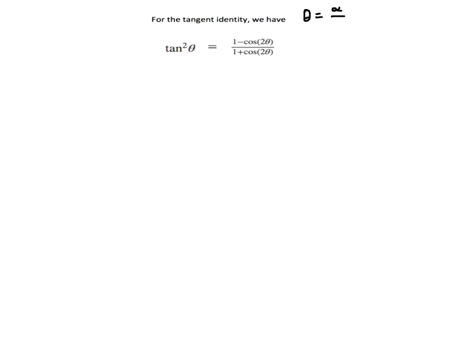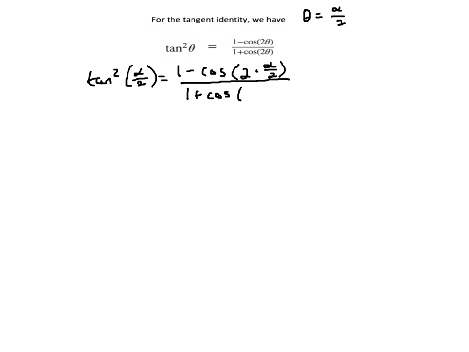So theta, we're going to let that be alpha over 2. So tangent squared alpha over 2 equal to (1 minus cosine 2 times alpha over 2) divided by (1 plus cosine 2 times alpha over 2).